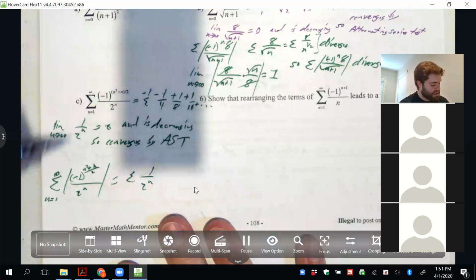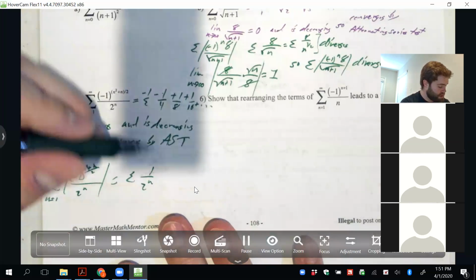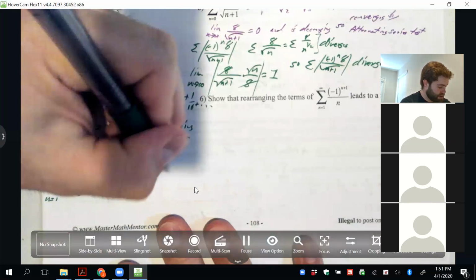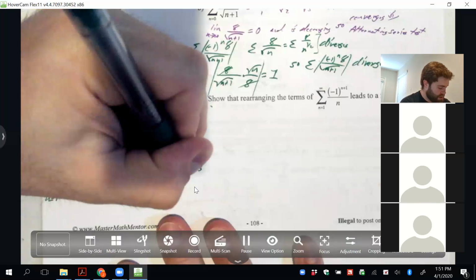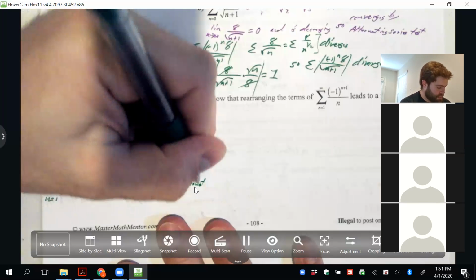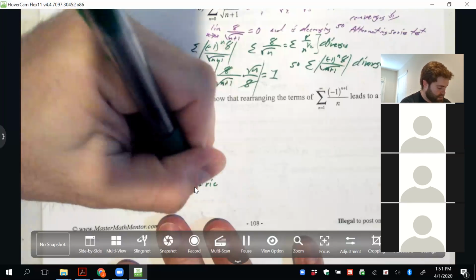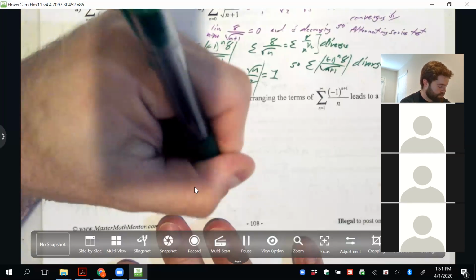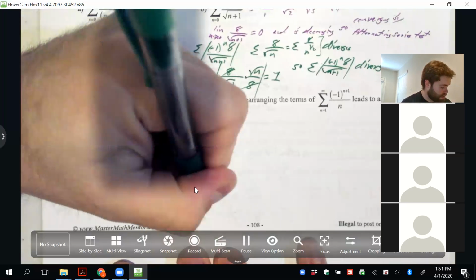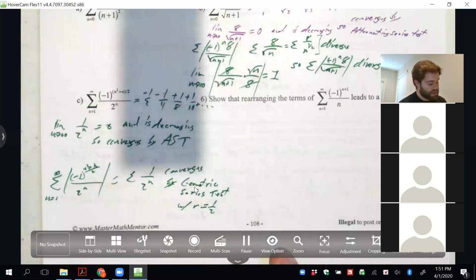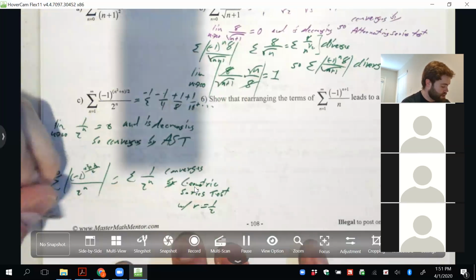Well, that's just a convergent geometric series. Converges by the geometric series test with r equals 1/2. And so, since it converges with and without the absolute value sign, it is absolutely convergent.